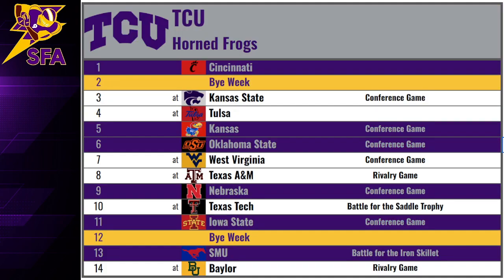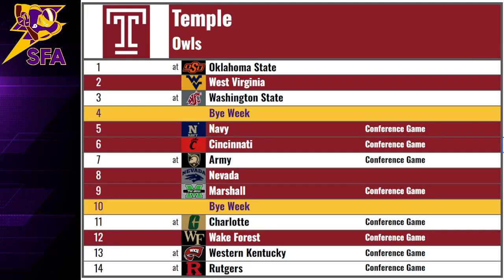TCU has Cincinnati first, then Tulsa, A&M. That was New Heights Classic last year, and then SMU. And Temple, we got OK State, West Virginia, Washington State, and Nevada for non-conference.